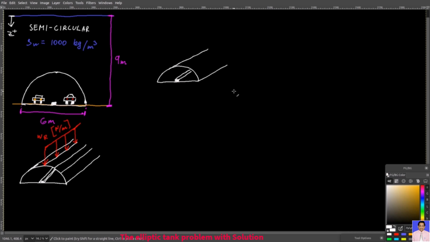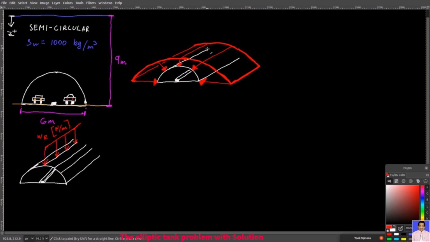Now what you can see is that this tunnel experiences pressure due to water, and its magnitude and direction changes with depth because the tunnel is semicircular and the pressure is always normal to the surface. And of course, in this image, the pressure is in pascals.